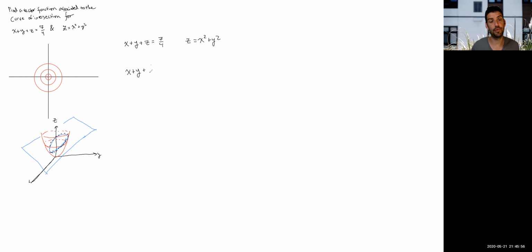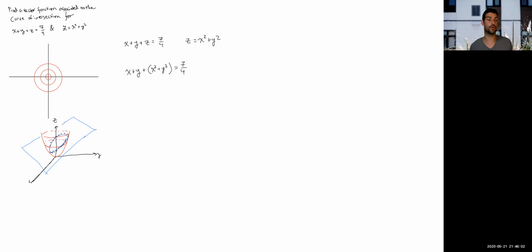Because at these points, z has to be equal to x squared plus y squared. If we pick some other points on the plane, all it has to satisfy is the original plane equation. But by insisting it also lie on this other surface, z has to be equal to the sum of the squares of the other two components at the same time that this is true. So that's where we get this equation.